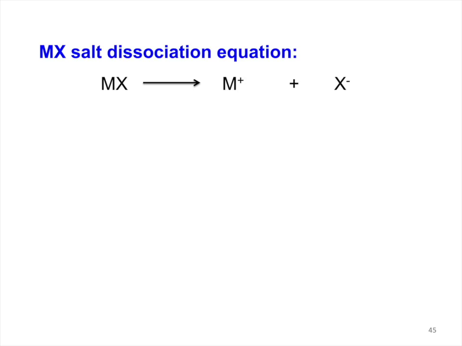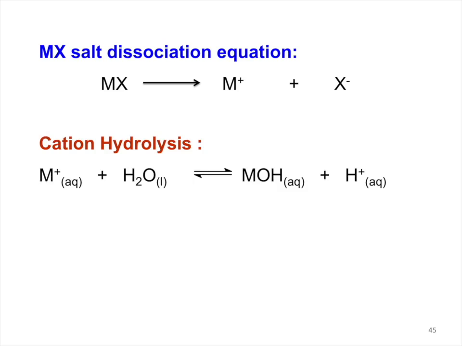This is the general equation of salt dissociation. MX will produce M+ plus X-. M+ here is a cation. When it undergoes hydrolysis with water, it produces MOH plus H+.